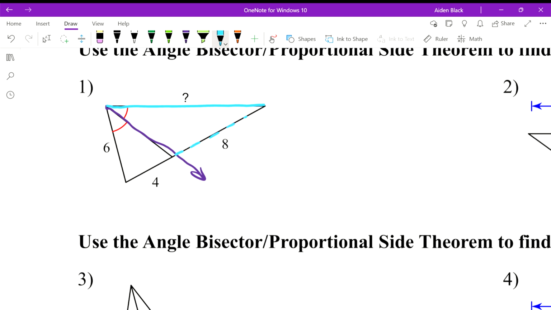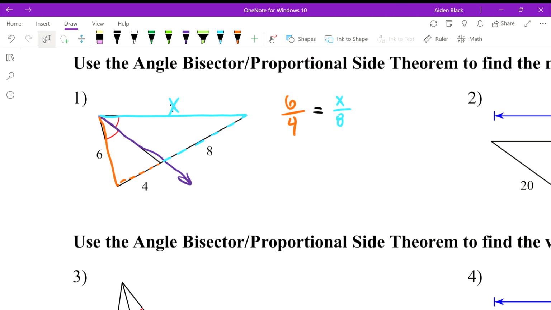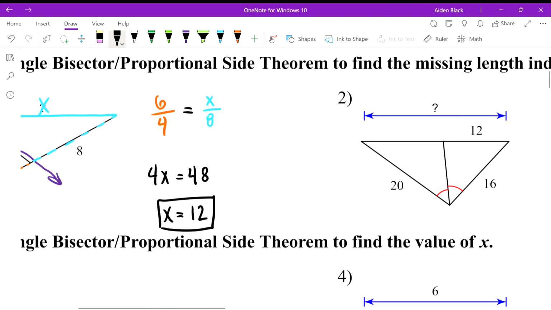I like to create the color here that breaks it up and shows you that the proportion of 6 to 4 should be the same as, we'll call this x, that side x is to 8. That's all this is saying. If you cross multiply, you get the following, and you can solve for x.